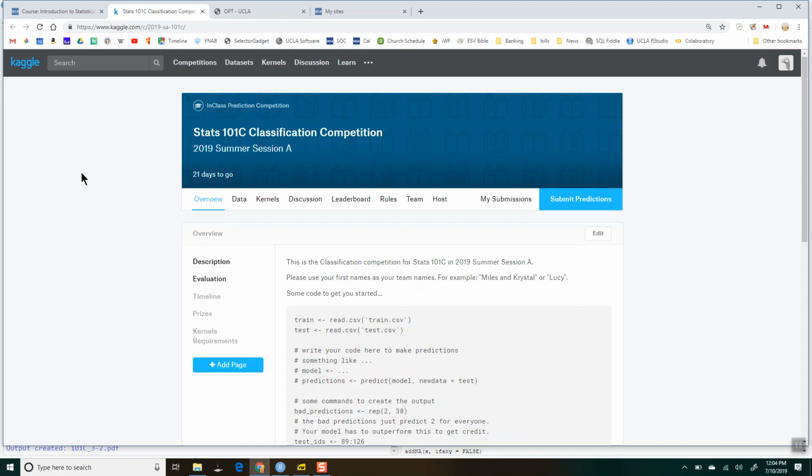So you will have to figure out how to reduce the number of predictors, because obviously if you use all 309, you can predict all the values perfectly, but that means you've probably overfit the data severely. So you're going to have to do something to reduce the number of predictors.